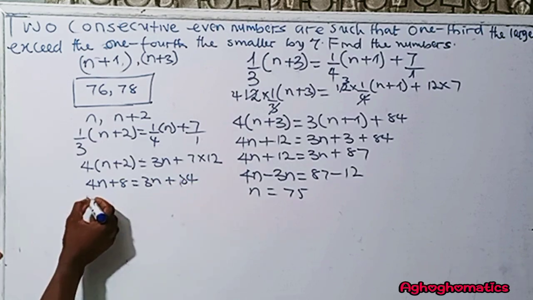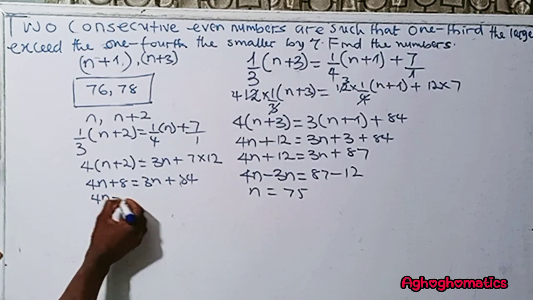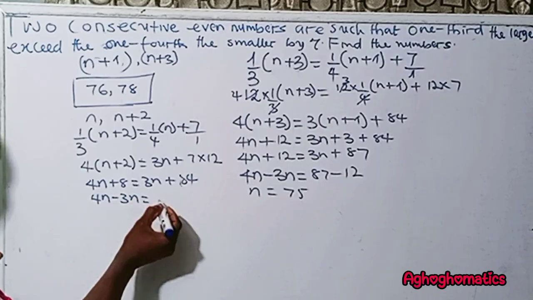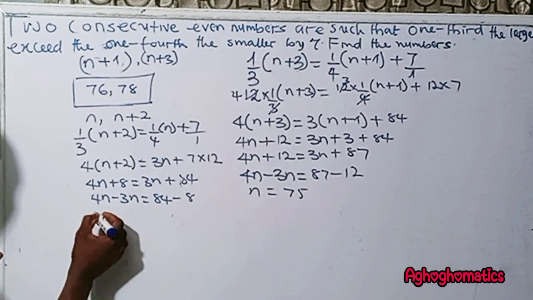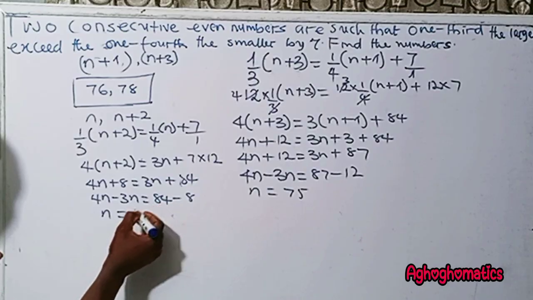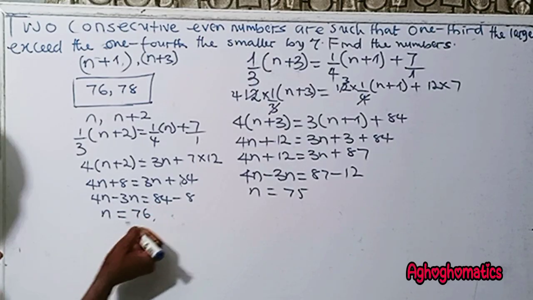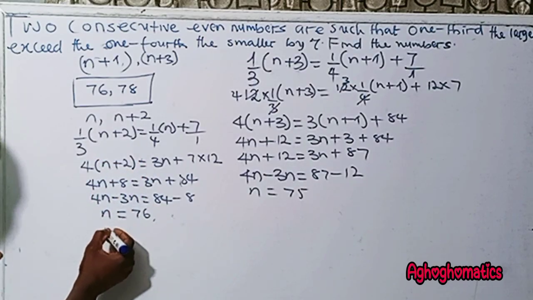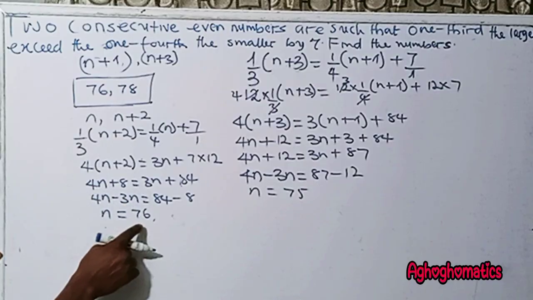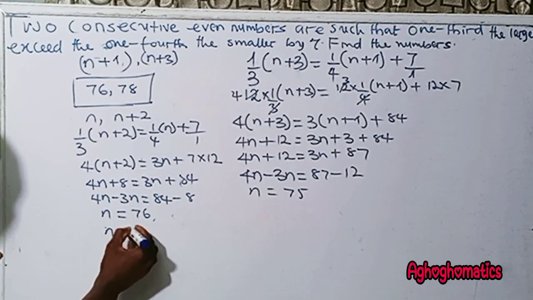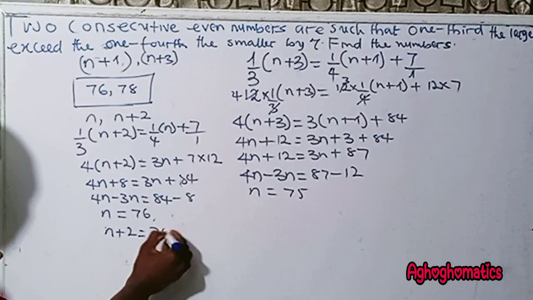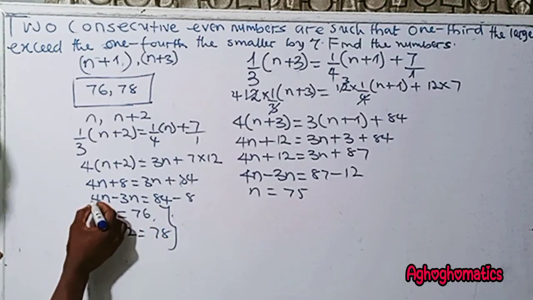So if we collect like terms, we have 4n minus 3n equals 84 minus 8. So n here will give us 76. So the next one will be what? n is 76 here, n plus 2 will give us 78, which also gives us the same result.